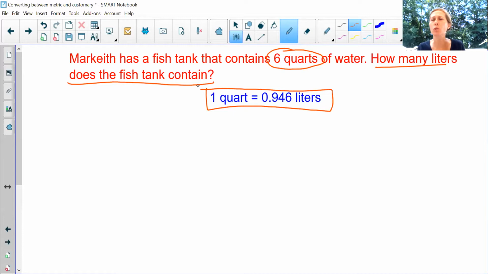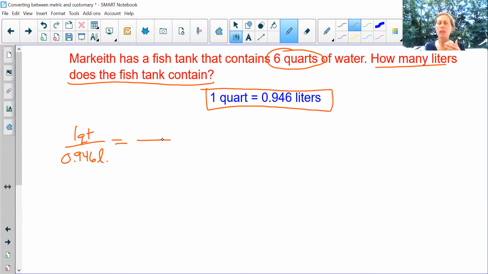So what we're going to do is create a proportion with our conversion factor and the information that we know of the 6 quarts. I'm going to take our conversion factor, which is 1 quart, and I'm going to write QT, is equivalent to 0.946 liters. And we're going to make a proportion.